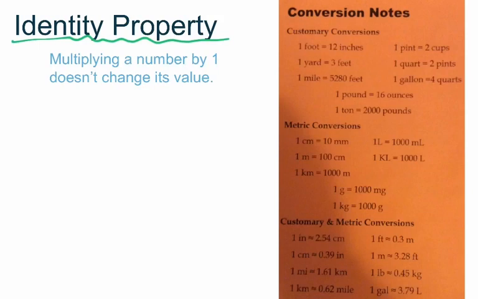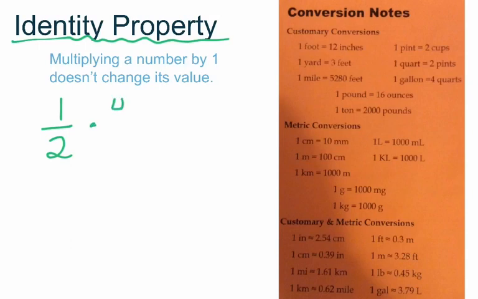That is going to be the main way that we convert these measurements: we're going to be creating some fractions and multiplying by that, but it's not going to change its value because it's technically 1. So I'll give you a basic example. When we were working with fractions, we would take something like 1/2, and maybe we needed to change the denominator.